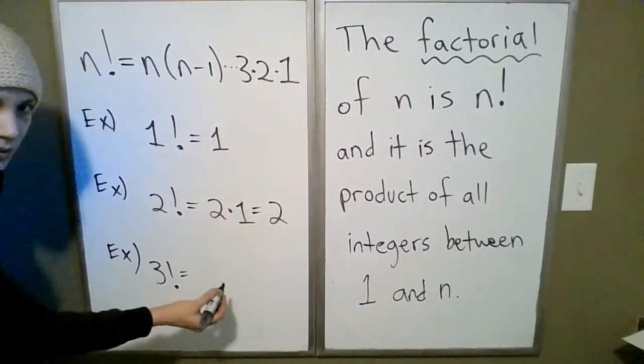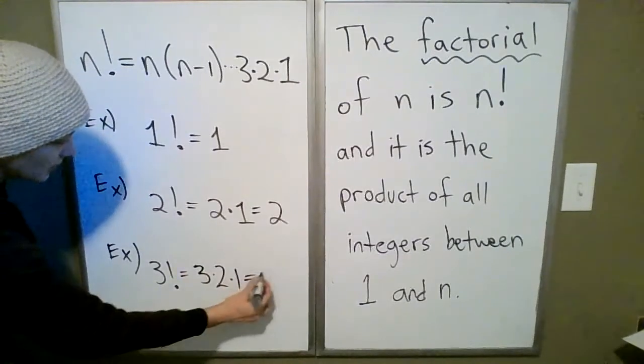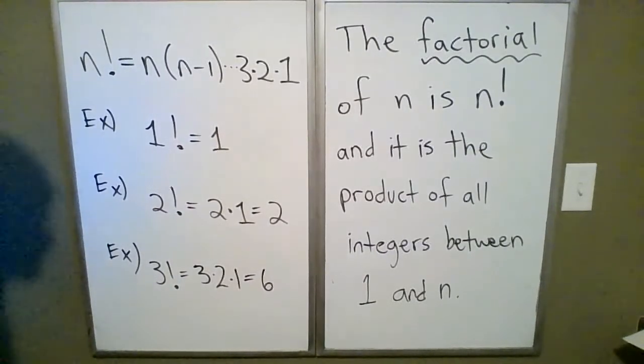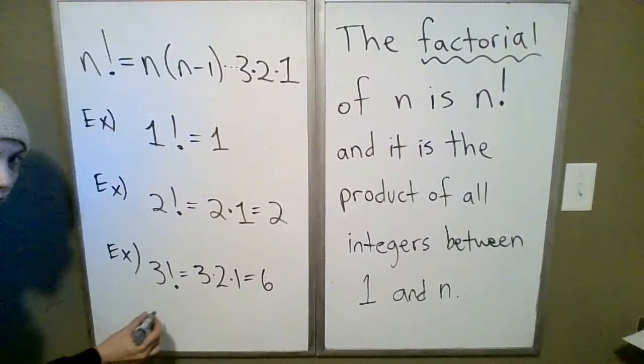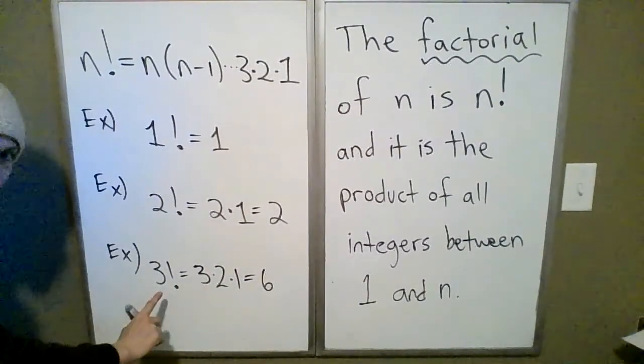So we take 3 times 2 times 1. 6. Okay. The next one we're going to do, but I'll work it on the next slide, is 4 factorial.